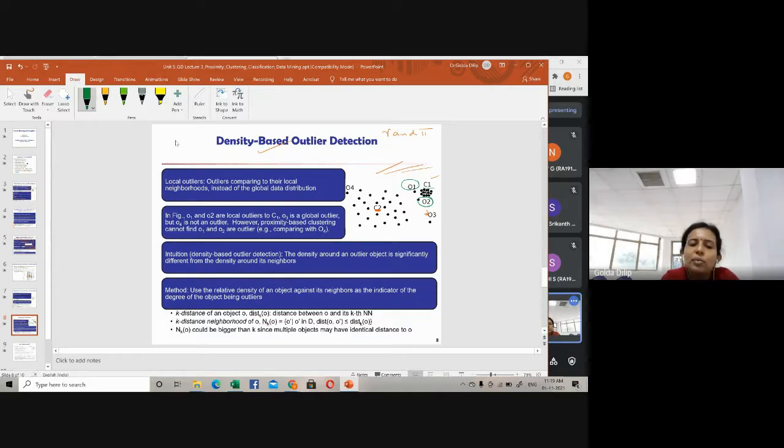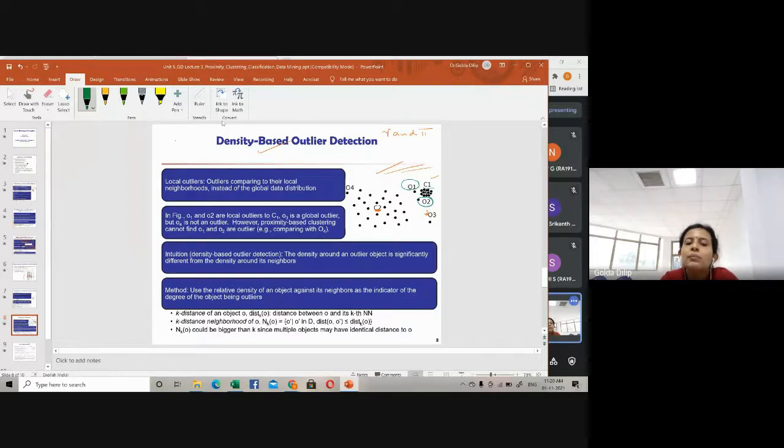So that's not possible. But with respect to cluster C1, don't you feel O1 and O2 deviate significantly from the remaining data points which are part of C1?